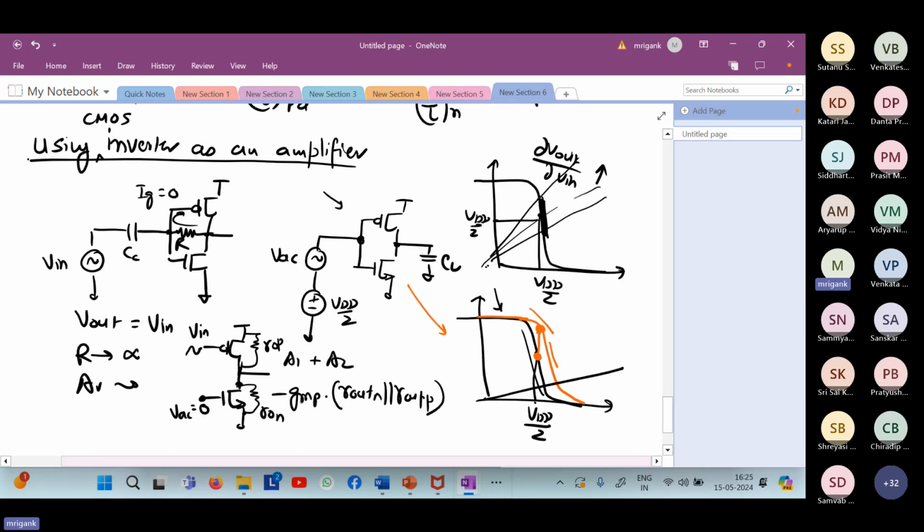Therefore, it will be minus GMP times RON parallel ROP. A2 is also minus GMN times the same thing, R out N parallel R out P. Therefore, it is going to be a superposition of these two in this region. Assuming that both are in saturation, I can apply this equation. Is that clear?